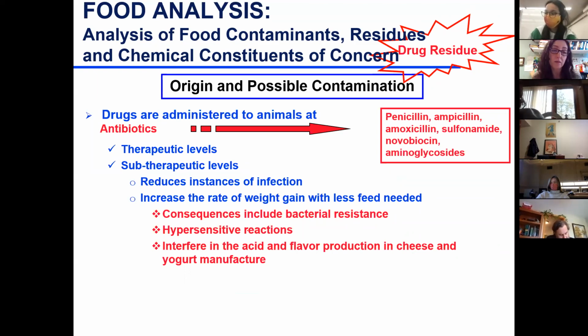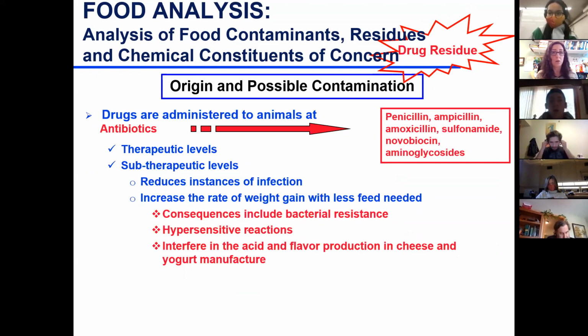But if the animal is meant for slaughter and meat use, they have to stop a few days or a couple of weeks, I'm not sure, but they stop the antibiotic prior so that it's clean from the system because there's zero tolerance level for antibiotics. The same if the animal is going to go through lactation and collection of milk, there should be a phase where they don't have any antibiotic in their system.